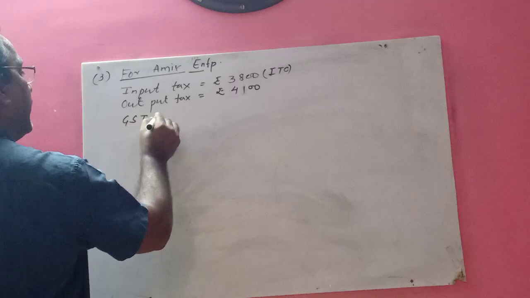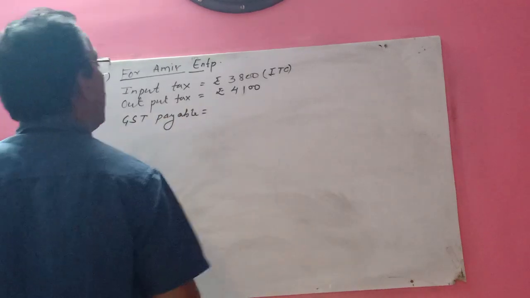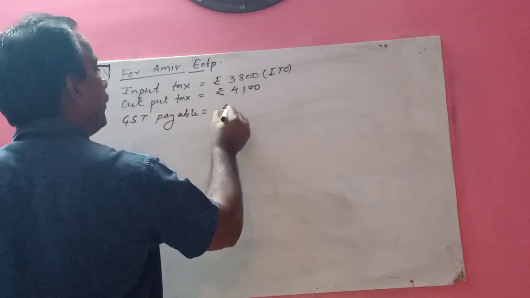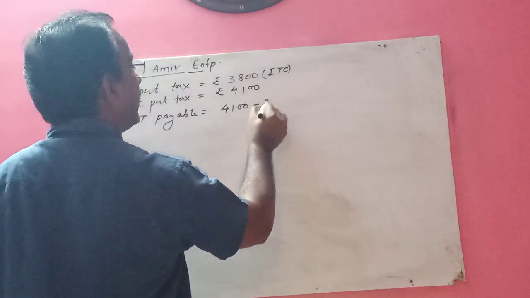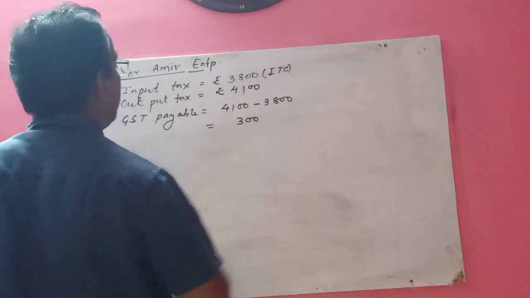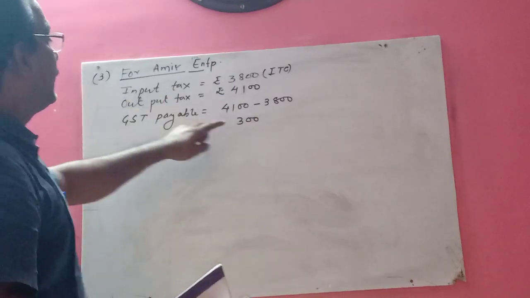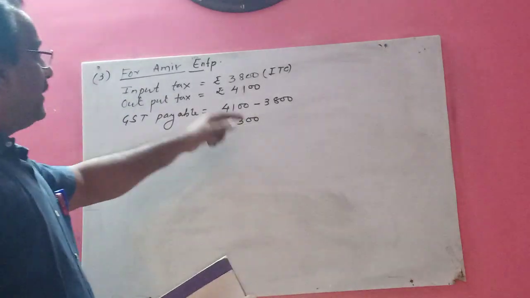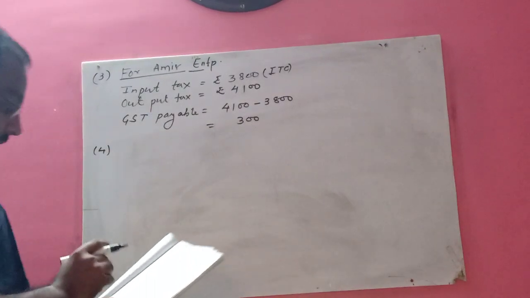So GST payable is equal to output tax 4,100 minus ITC 3,800. So this will be 300 rupees. GST paid by Amir to the government is 300 rupees.